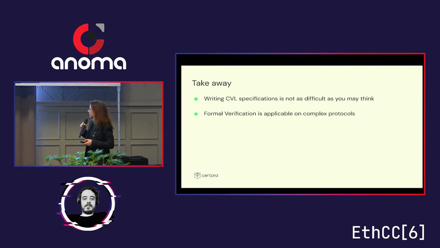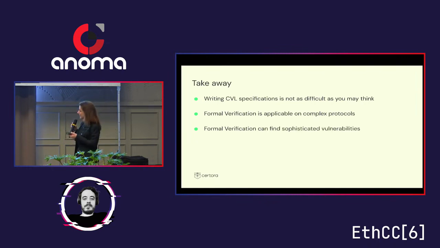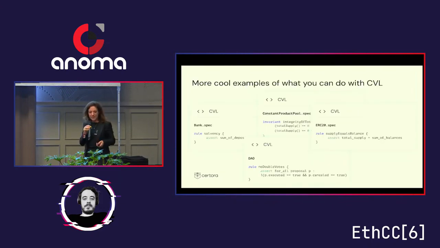Secondly, we saw a real example of formal verification being applicable to complex protocols. And lastly, we saw an example of how formal verification can find sophisticated vulnerabilities, such as the read-only reentrancy one. So you can find a bunch more examples in our repos that we are updating all the time, in these very days.